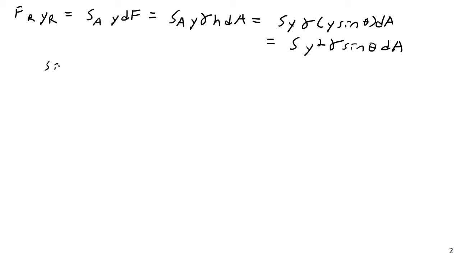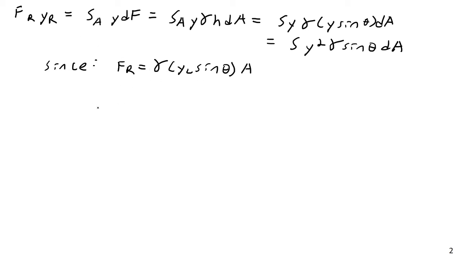Now, since FR, that we knew from the previous derivation of the resultant, is equal to gamma times yc sine theta, times A, I can plug this into here.